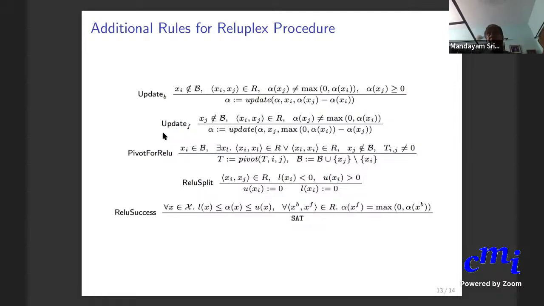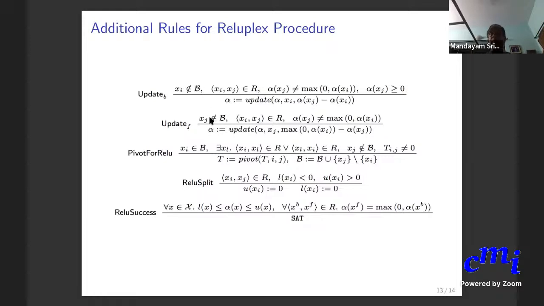Now, there is a special pivot rule also, because sometimes as you do this updating and keep repeating the LP, you can end up in a situation in which both the forward and the backward variables corresponding to a broken ReLU pair are basic.